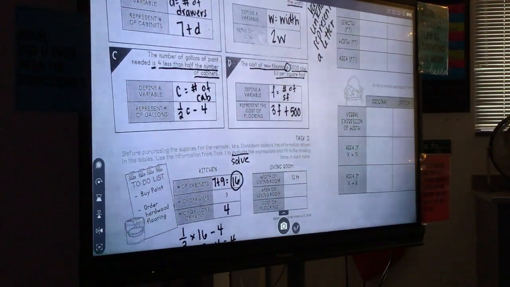You have to multiply 2 times W times the length. If you are not doing that, you are skipping an entire part. The formula is length times width.